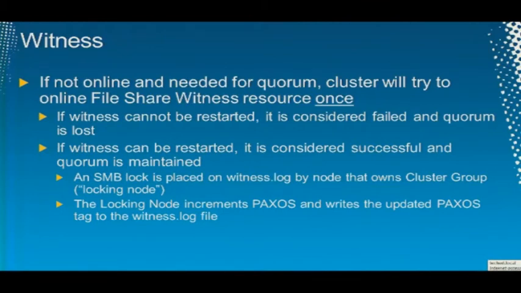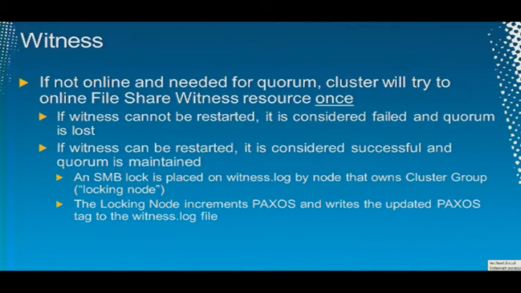Now, if the witness, for example, is able to come online, then one of the nodes, typically the node that owns the default cluster group, is going to create a lock, a server message block, an SMB lock, on that witness.log file that I mentioned earlier. And that's important because it prevents the other nodes from establishing a lock as well.